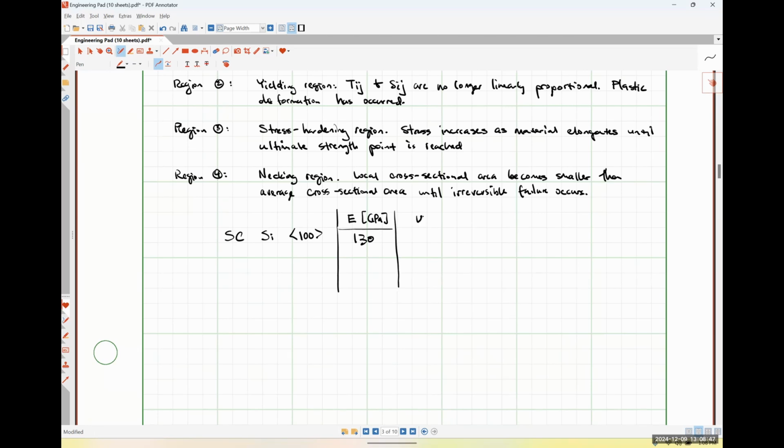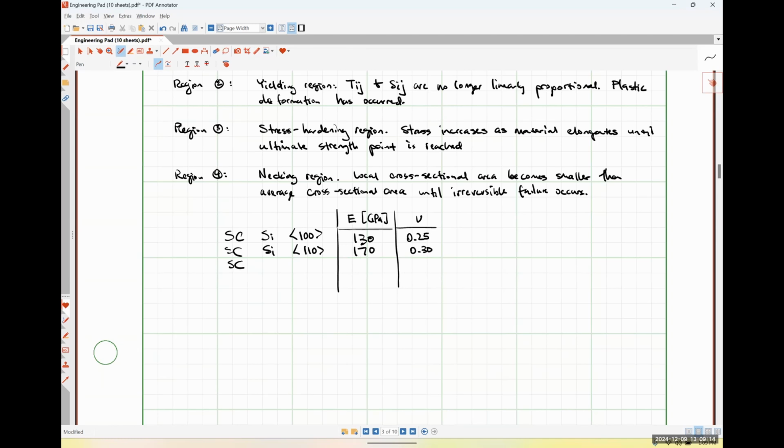And we have a Poisson's ratio of 0.25. For single crystalline silicon in the 110 family of planes, we have a Young's modulus of 170 and a Poisson's ratio of 0.3.